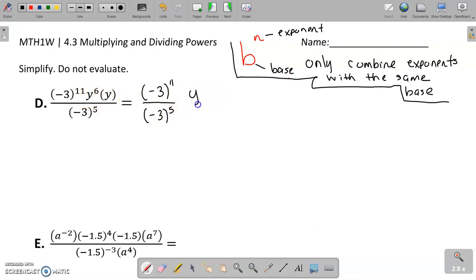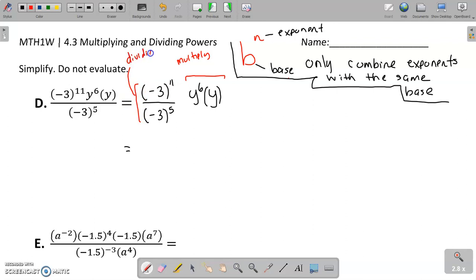So we have a y to the power 6 and just a y in brackets. So which one do you want to look at first? Now this one, let me label this. This is multiplying, right? And these two here, we're dividing.